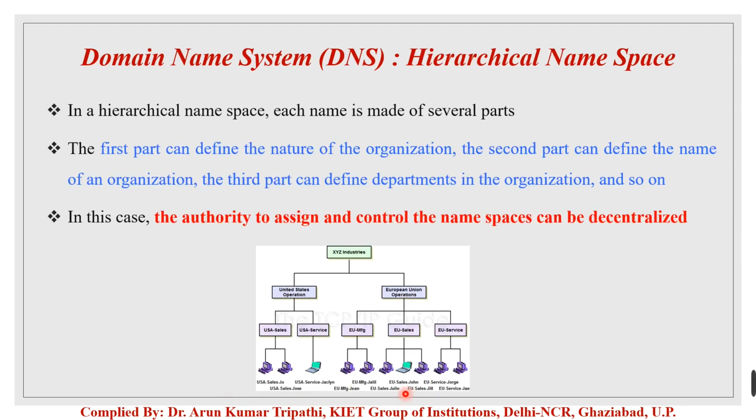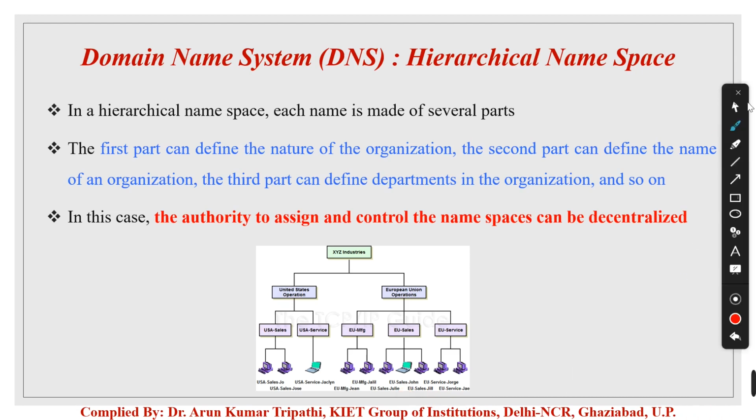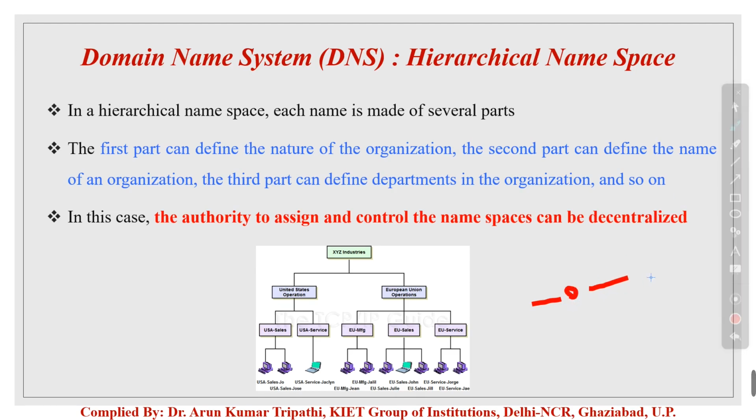Next one is the hierarchical namespace. In the hierarchical namespace, we separate each part by dot. For example, here this is dot, then after name, then after dot, then after name. Suppose that I want to use yahoo.com.